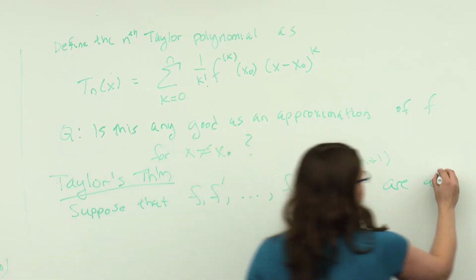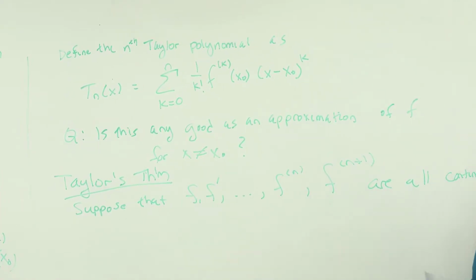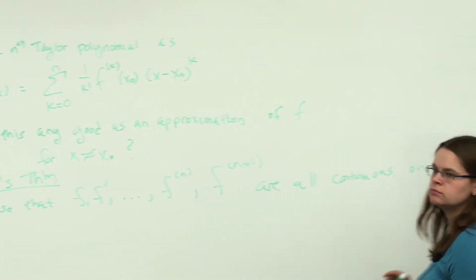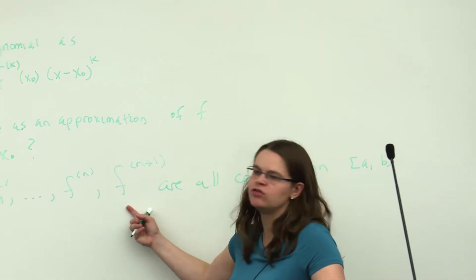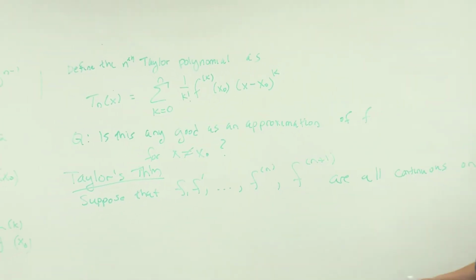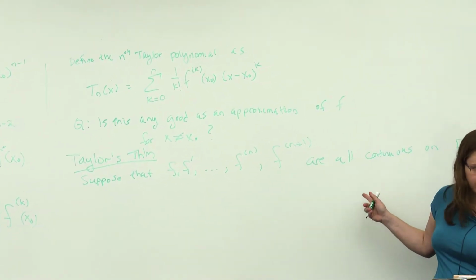So these are all continuous on some interval (a, b). Because we know that a derivative could exist, but that doesn't mean it's continuous. We saw that in the midterm this week.